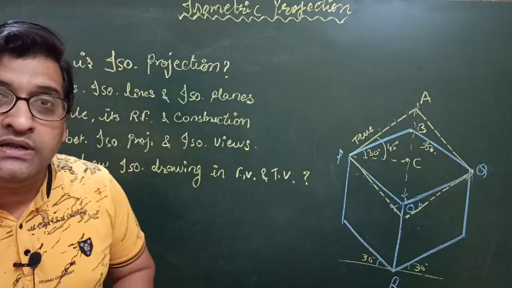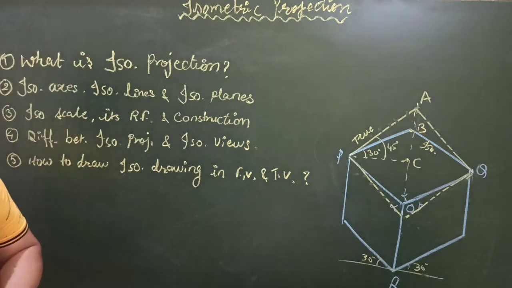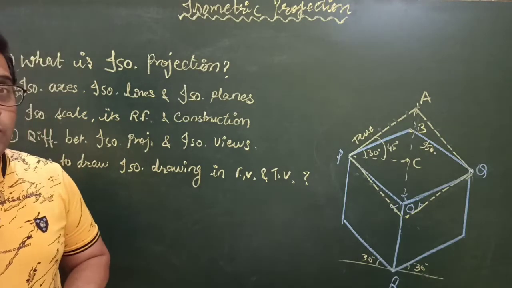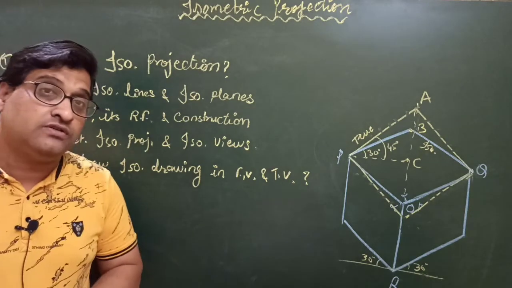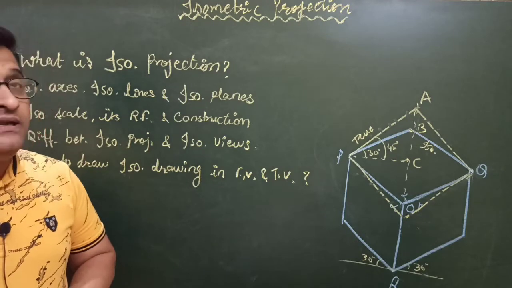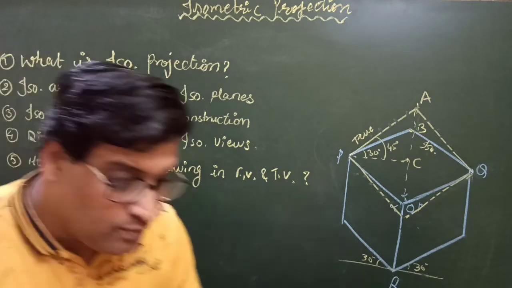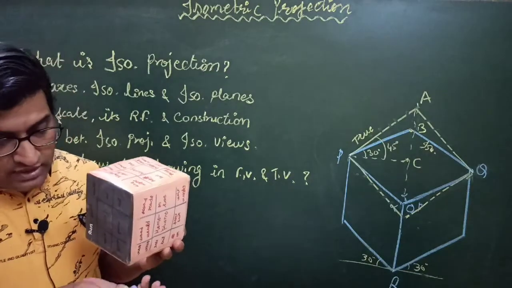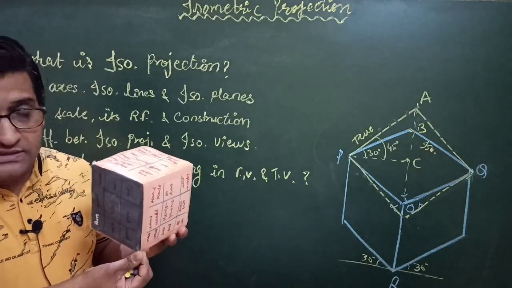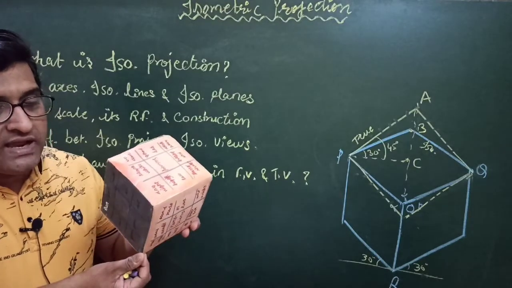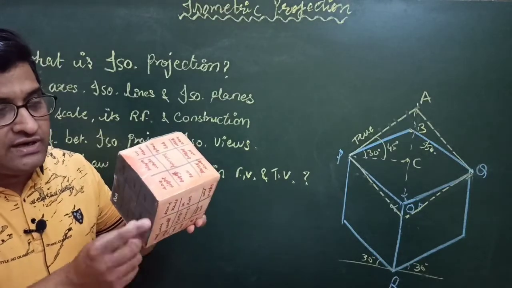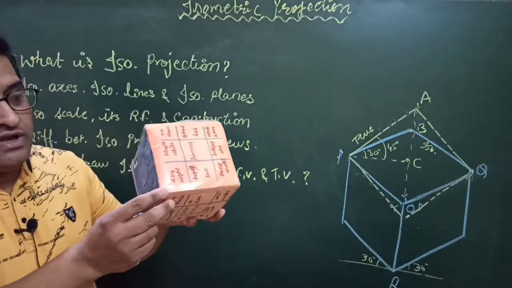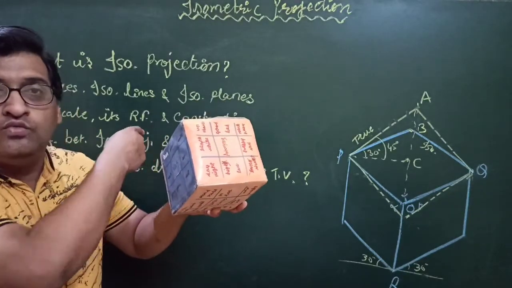If you have remembered in one of my videos, projections of solid part 5, and also auxiliary planes method of projections of solid part 3, I discussed one question of a cube. Say this was the cube, and this cube was resting on HP with one of its corners and raised such that one of its solid diagonals, say from here to this point, was perpendicular to VP.